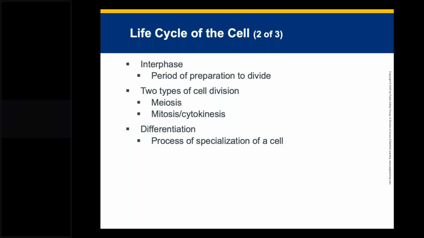Meiosis reduces the number of chromosomes by half. This occurs in the production of eggs and sperm. During mitosis, the cell duplicates itself into daughter cells, which are identical copies. The cytoplasmic division, cytokinesis, begins during the second phase of mitosis. Did I lose anybody yet?